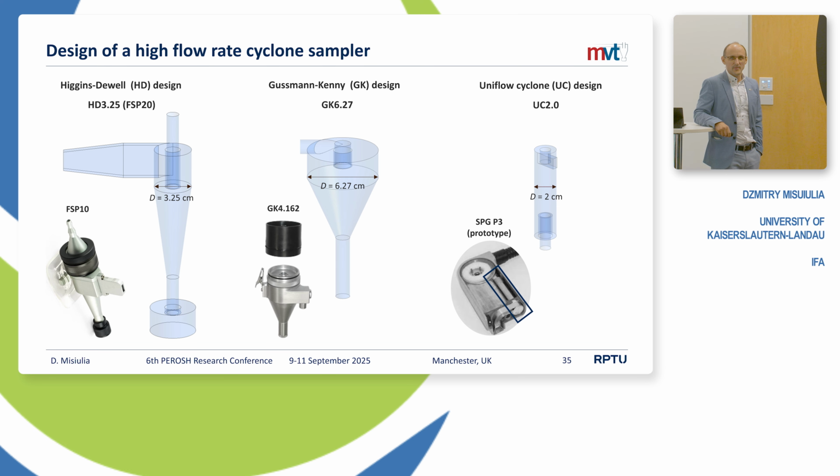Based on the available cyclone samplers, three cyclones were designed, namely the HD design, which was originally developed by Higgins and Dewell almost 70 years ago, the Gussman and Kenny design, and also the Uniflow cyclone, which was used as a precipitator in the SPG P3 three-stage aerosol sampler, developed by the Federal Institute for Occupational Safety and Health in Germany, BAuA.